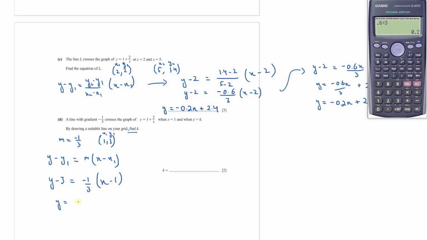If I open these brackets, I will get minus 1 over 3 x plus 1 over 3 plus 3. And then you will have y equals minus 1 over 3 x plus, let's calculate this, 1 over 3 plus 3 is 10 over 3.